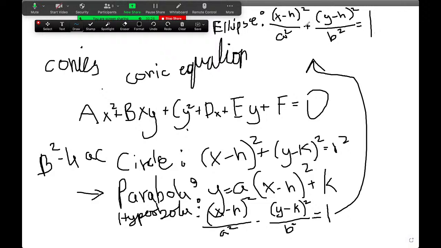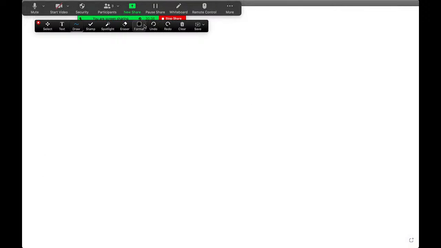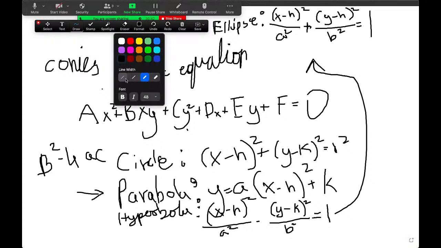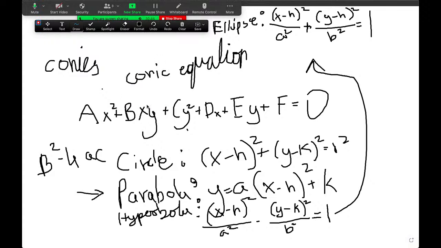So the only difference here is this plus. If it was a minus, then it would be a hyperbola. So do all of you see that? Yeah. So now let's go on to the next part.